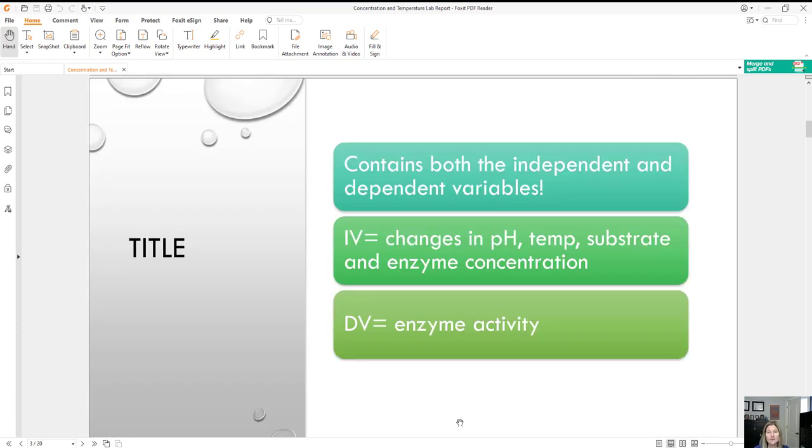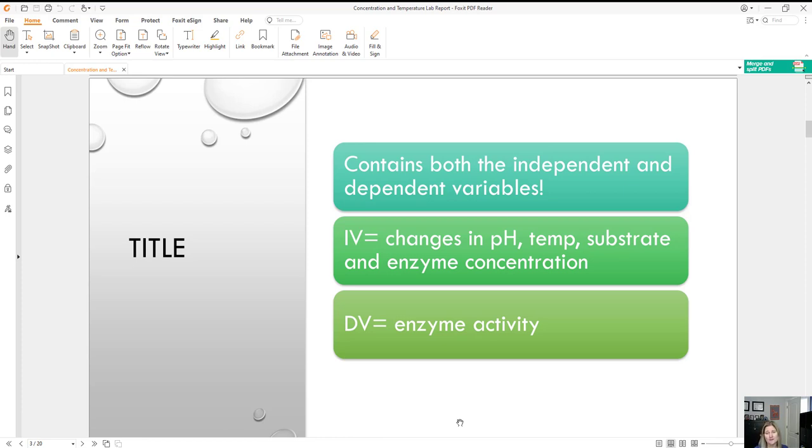All right, let's start out with the first part, the title. Remember, the title contains the independent variables. What I like to do when I construct a title is list what the independent variables were for this report, as well as the dependent variables, and then put it together in one sentence.